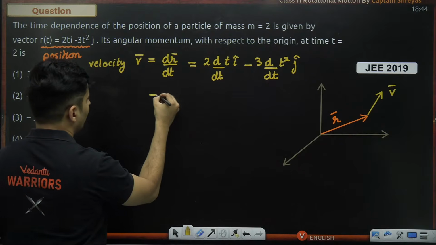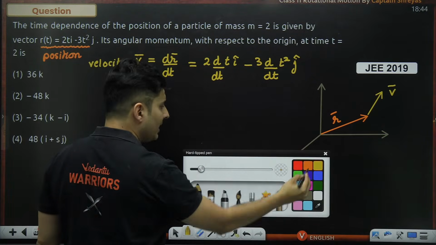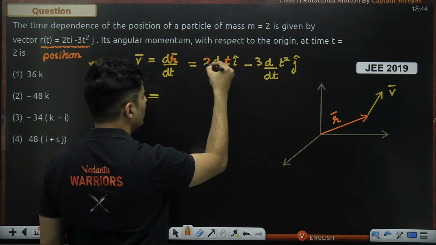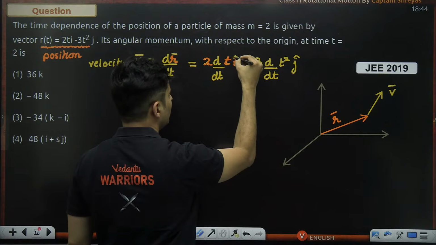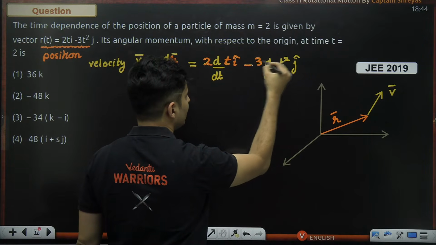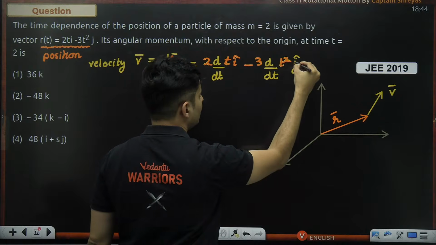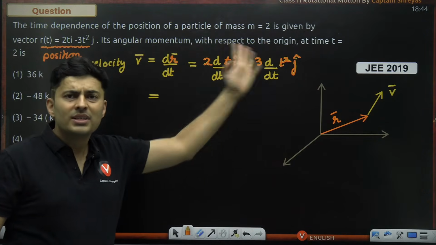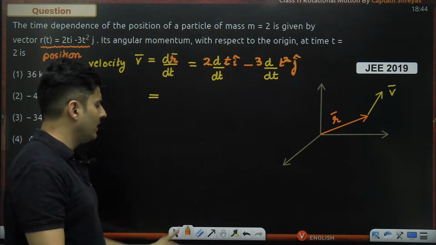Okay, so what will this become? Is everybody clear? This is my position vector, guys: 2t i cap minus 3t square j cap. I've just taken the derivative using the simple addition and subtraction rules of derivatives, nothing else.